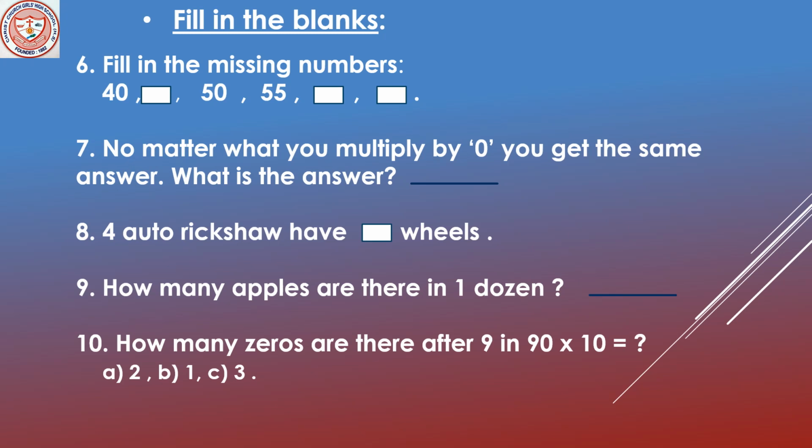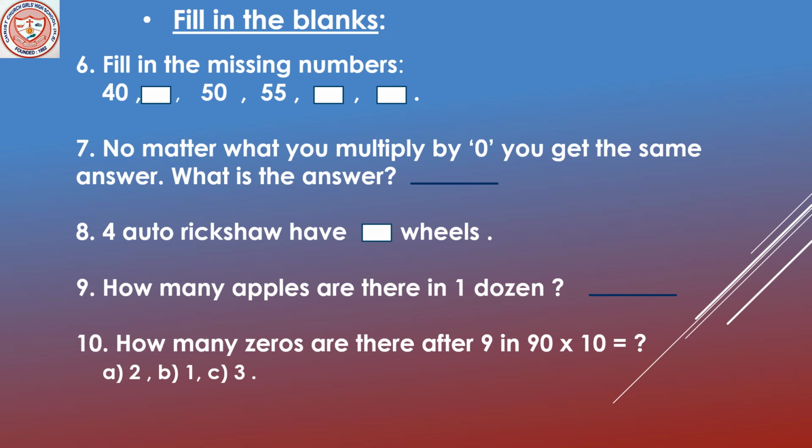Yes, very good. 12 things make 1 dozen. It means 1 dozen is equal to 12. So now I think you will be able to solve this problem. How many apples are there in 1 dozen? Yes, 12 apples. Very good.